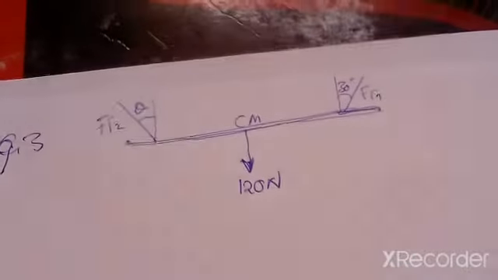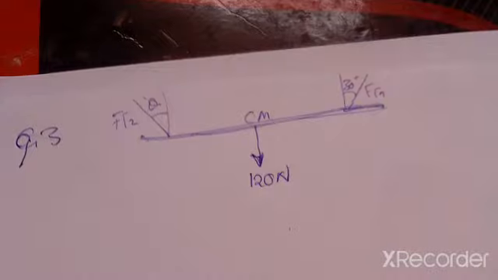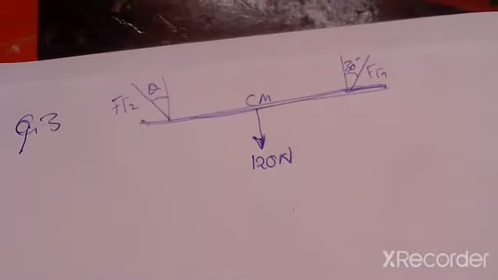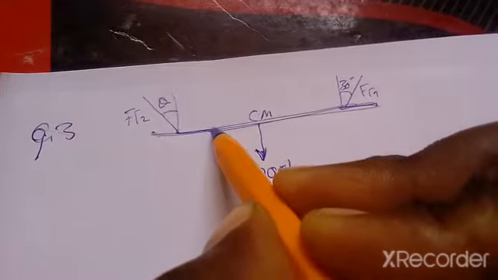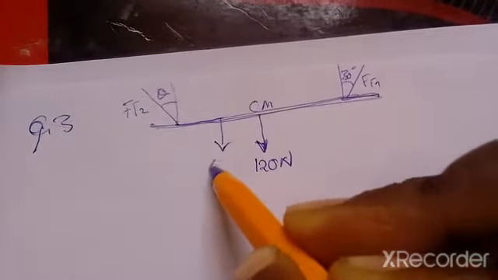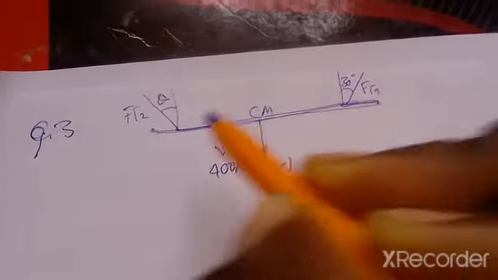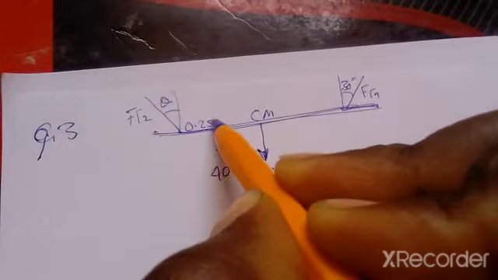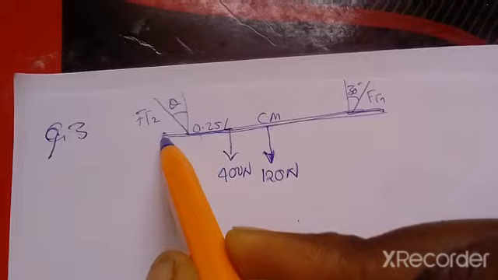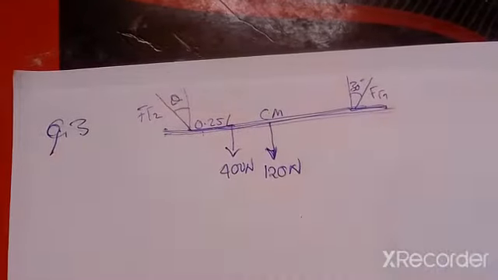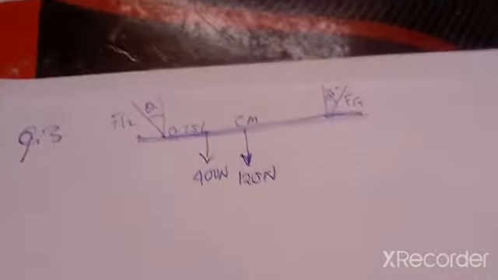Now we've also been told that there's a mass suspended from 0.25, we have 400 newtons being suspended from 0.25 L. The reason I've used L is that we're going to take the length of the board as L.